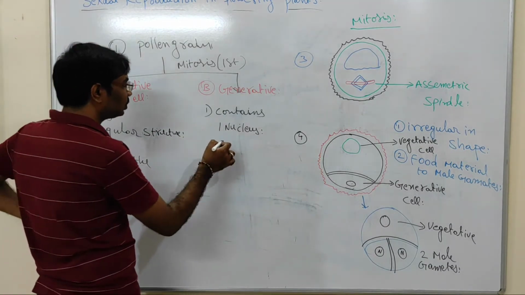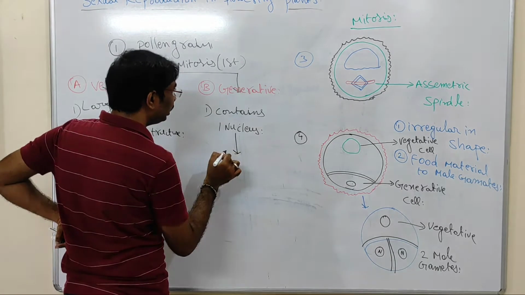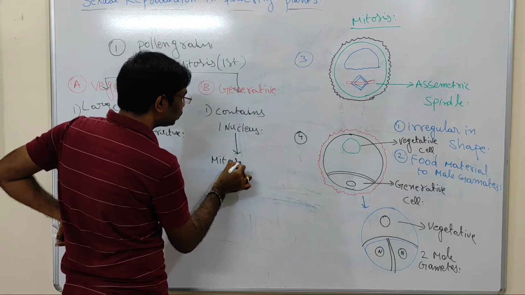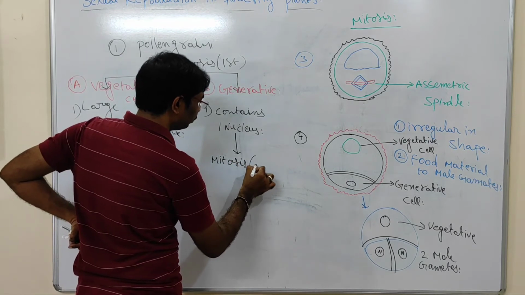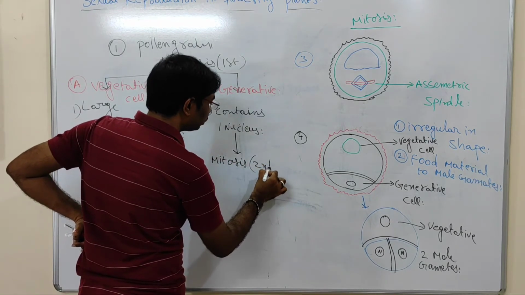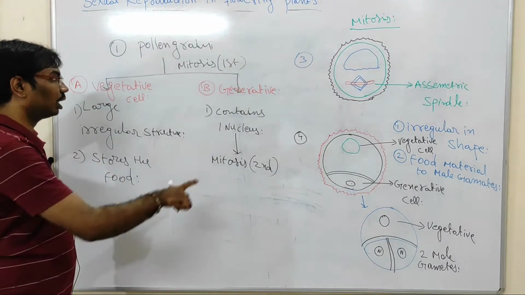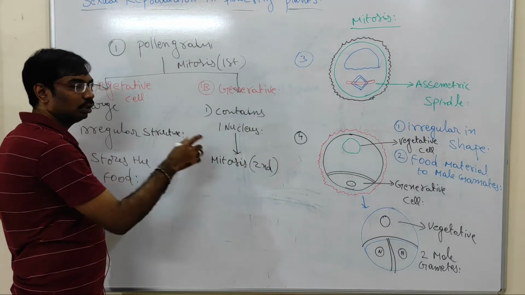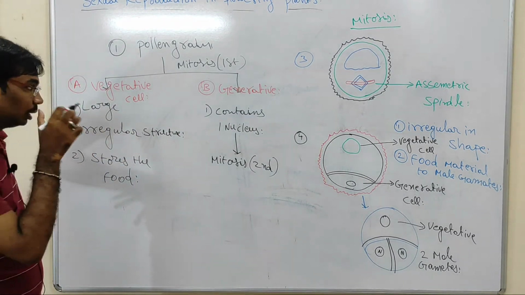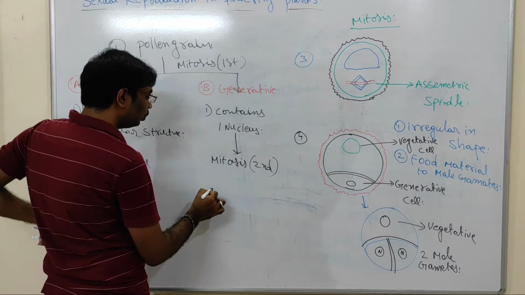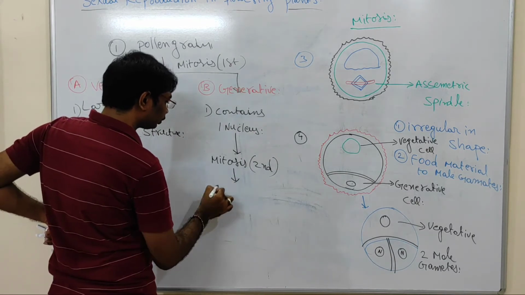The generative cell again undergoes another mitosis. This is called mitosis number 2, the second mitosis. With the help of the second mitosis, the generative cell divides and produces two daughter cells.